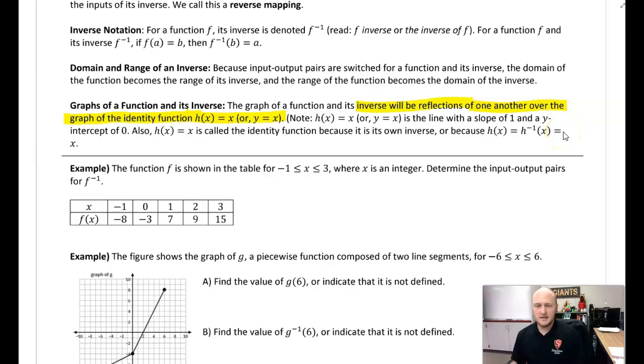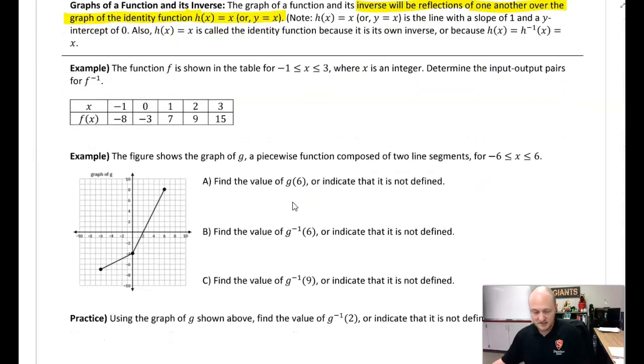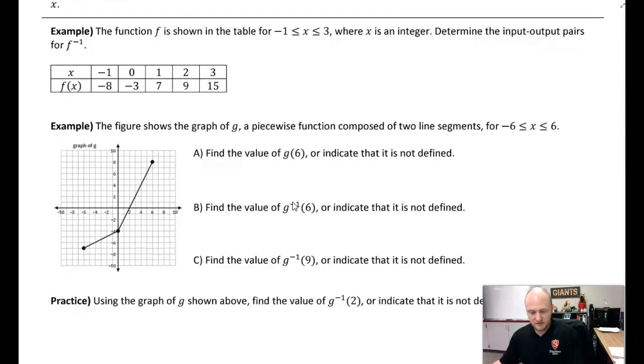So let's look at some examples and put these ideas into practice. Example 1. The function f is shown in the table for -1 to 3, where x is an integer. Determine the input-output pairs for f inverse. I'm going to do this also in a table in the same format. So f inverse of x.